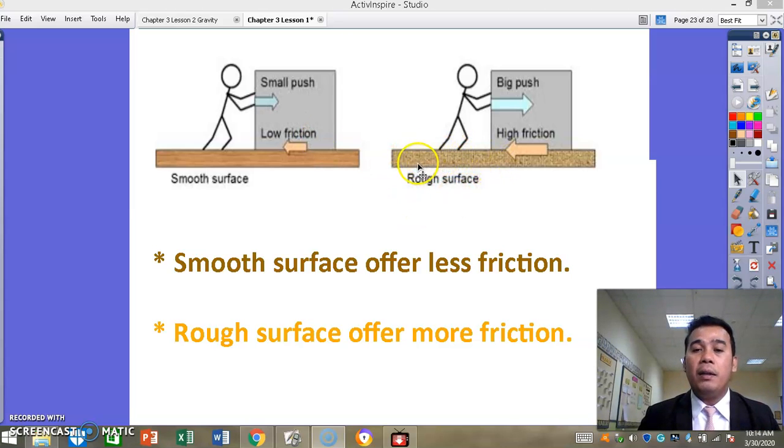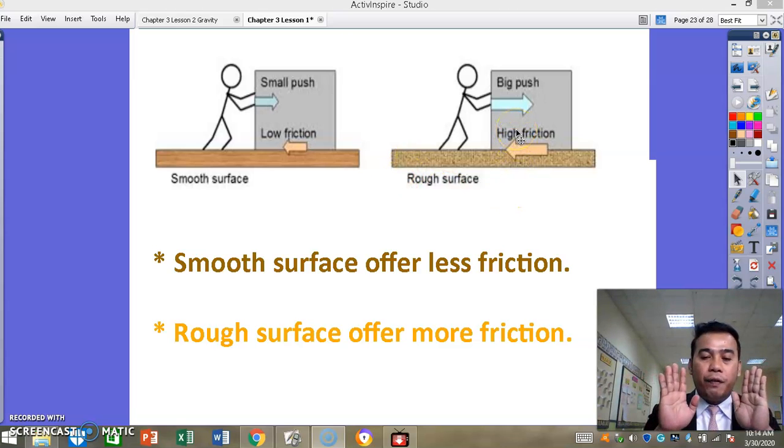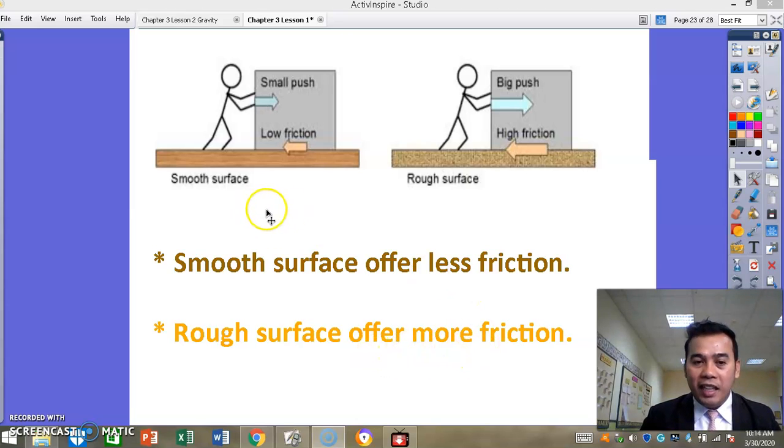While if the floor is rough, we need to push it very well, or we need a bigger force to move this box. Smooth surface offers less friction, and rough surface offers more friction. That is the comparison between smooth surface and rough surface.